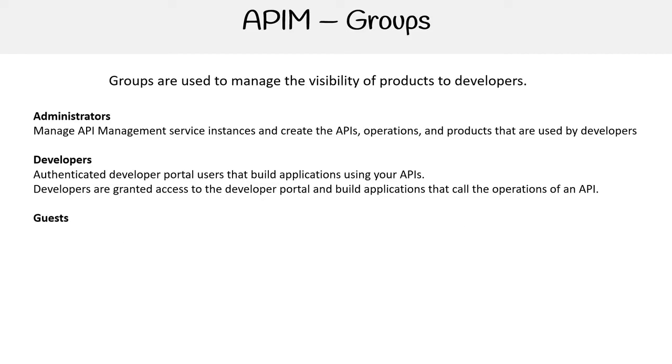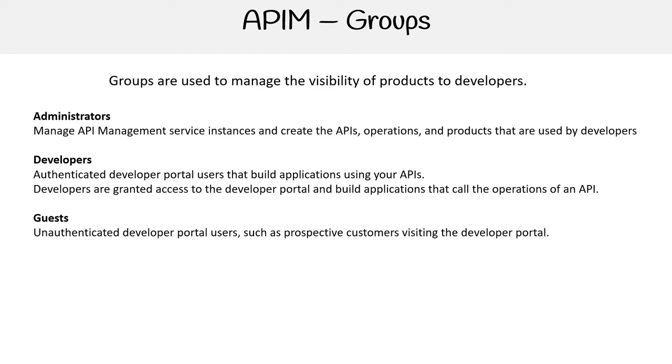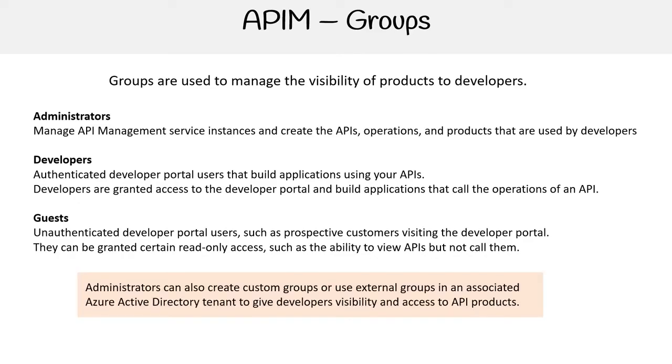Then you have guests. These are unauthenticated developer portal users, such as prospective customers visiting the developer portal. They can be granted certain read-only access, such as the ability to view APIs but not call them. Administrators can also create custom groups or use external groups in an associated Azure Active Directory tenant to give developers visibility and access to API products. A user can belong to more than one group.